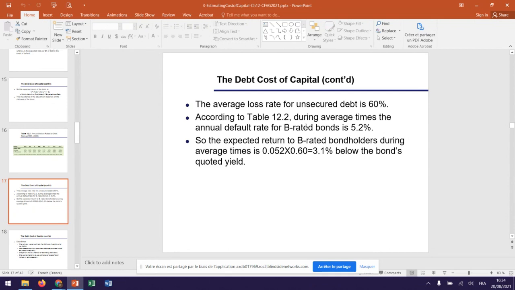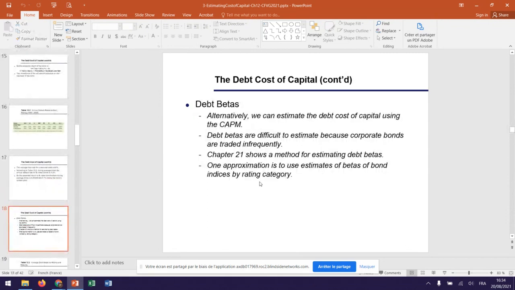Okay, so for example, if the default rate of a B rating bondholder is 5.2% with the expected loss of 60%, therefore the expected return of B rating would be 3.1% below the bond quoted yield. Okay.